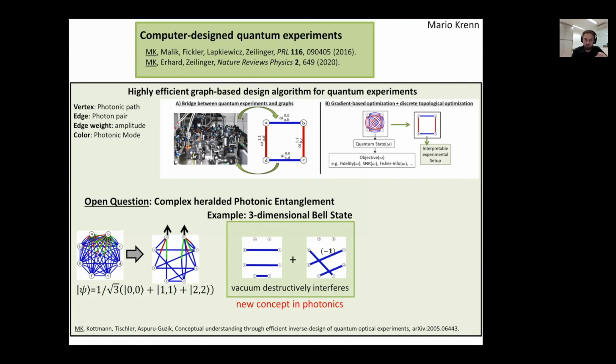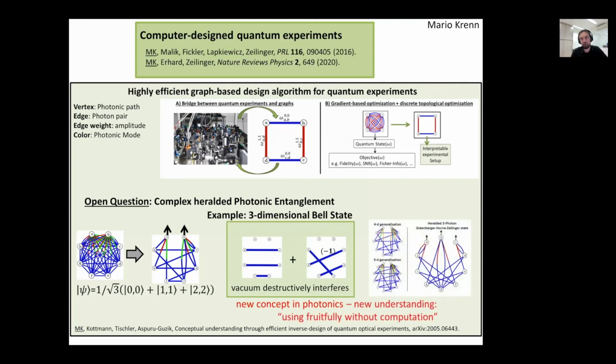And as soon as we were able to understand this idea, we were immediately able to generalize it to many other cases, to higher dimensional and also to multi-particle cases by hand without using the computer anymore, just by using this new idea, this new concept that the computer has shown to us.